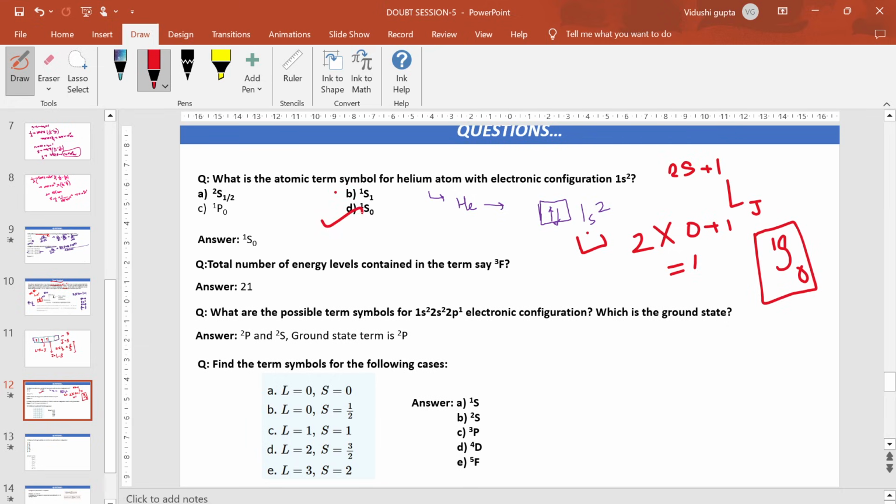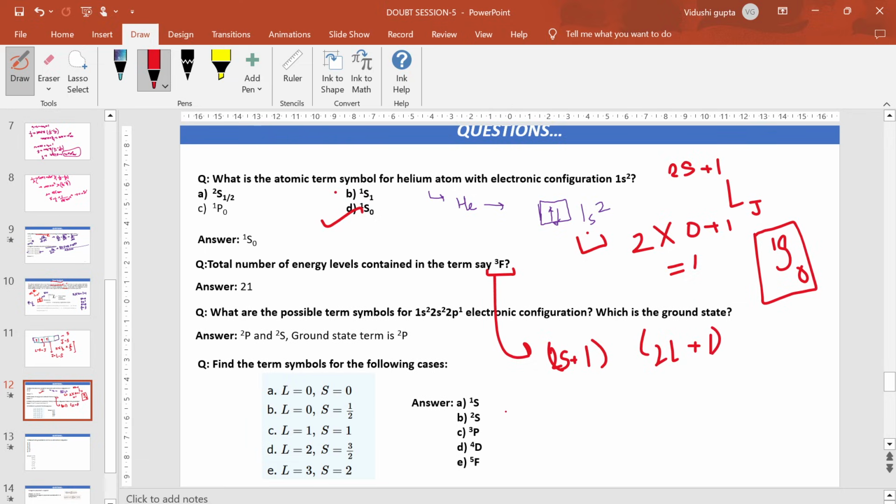Moving to next. Total number of energy levels contained in the term 3F will be given by the formula 2S plus 1 multiplied by 2L plus 1.